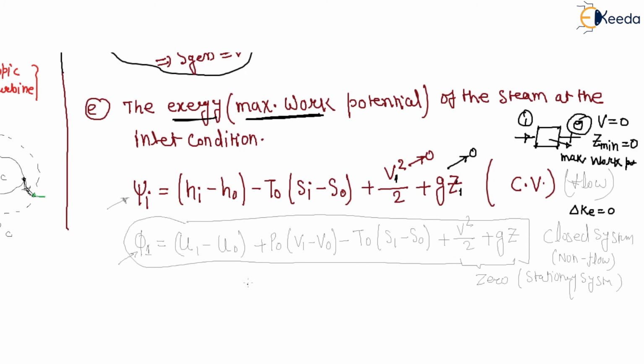See, the change in kinetic, that means (V1 squared minus V0 squared) by 2, is equal to 0. So Vi squared by 2, inlet i, is equal to V0 squared by 2, and this is 0.